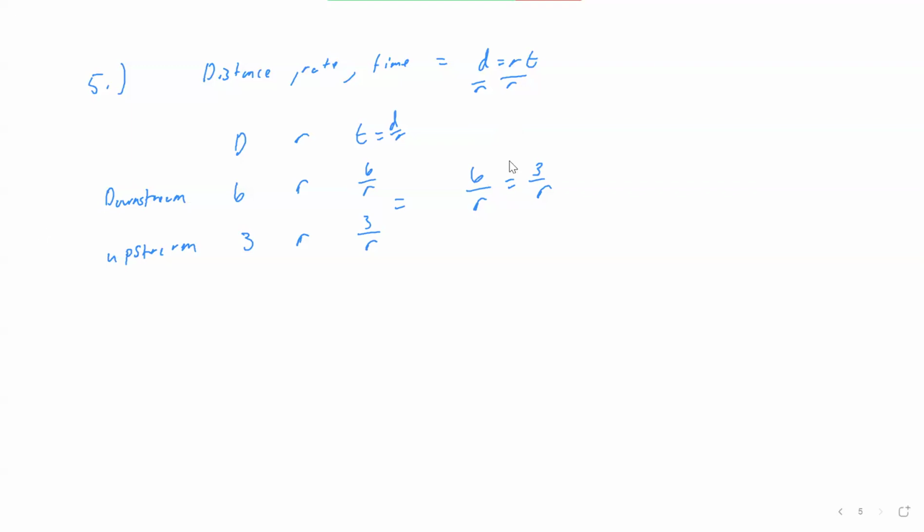All right, common sense tells me the river must be 2 miles an hour, but mathematically this isn't working out.